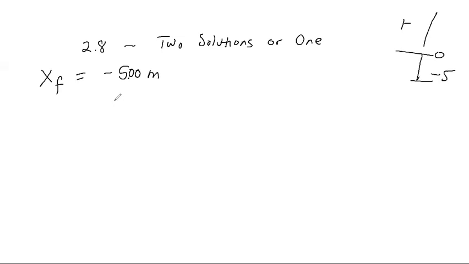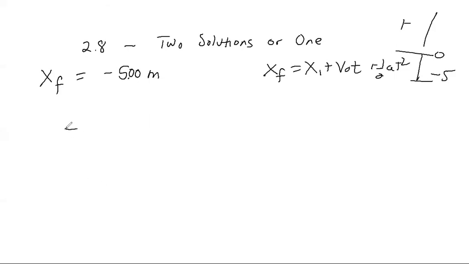So we're going to set up our equation to solve for time using our displacement polynomial: X final equals X initial plus V naught t plus 1/2 a t squared. If you're confused about this, please refer to my projectile problem videos on YouTube or on your Canvas page. Okay, so let's solve this.